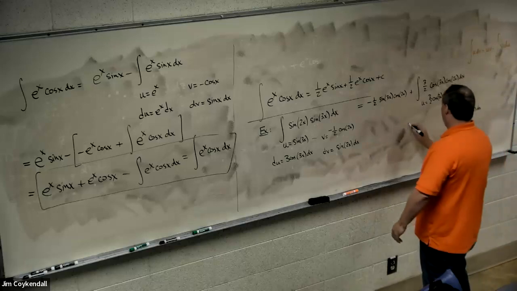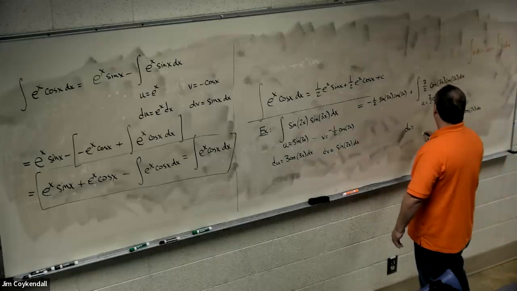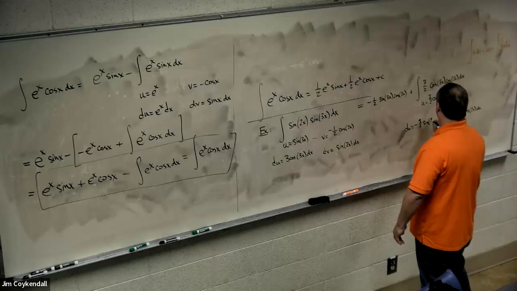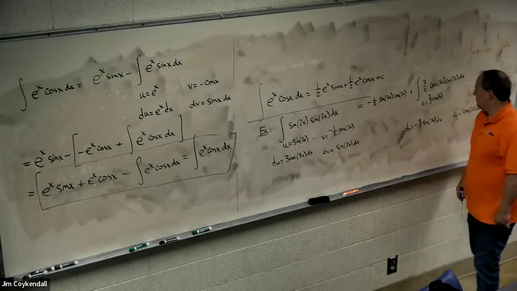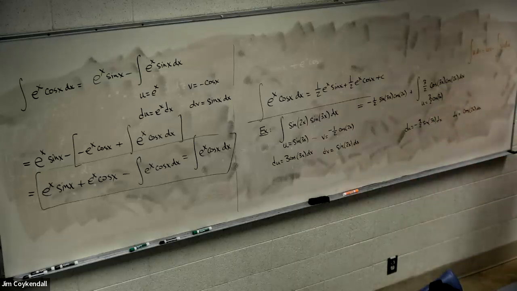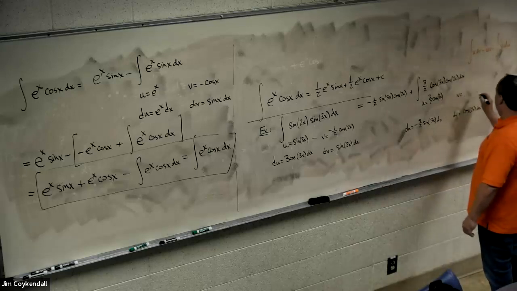So u equals minus 9/2 sine 3x. Yes. And v is 1/2 sine.